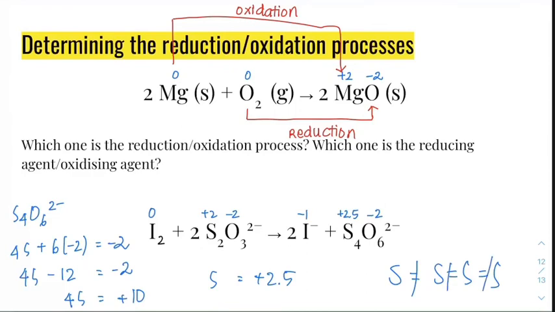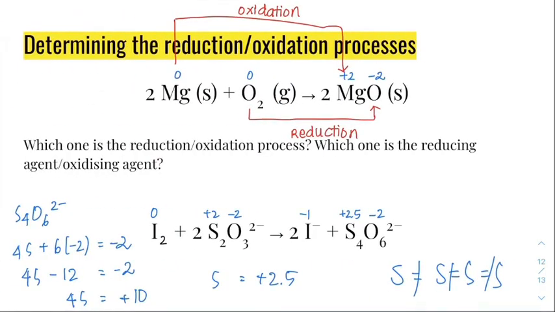There's a possibility that they're different, and it happens in a lot of cases. Therefore, what we are measuring is the average oxidation state of the sulfur in S4O6, that is 2.5. If you encounter something like this, it is totally normal.